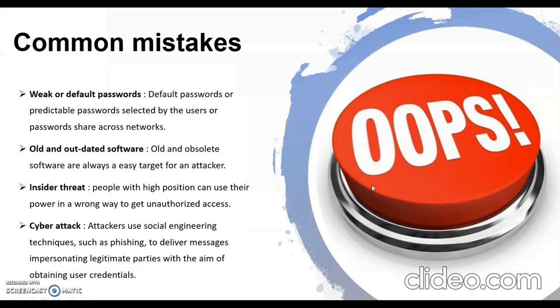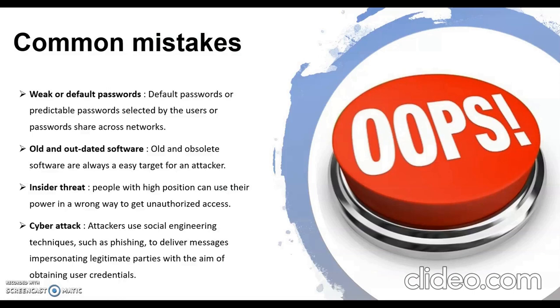The common mistakes that bring the attacker closer to the computer system are ineffective or weak passwords selected by users, which are easily identified by the attacker. Old and outdated software, which is obsolete, is easily targeted by attackers because it is not updated, so there are more security holes that can be attacked.